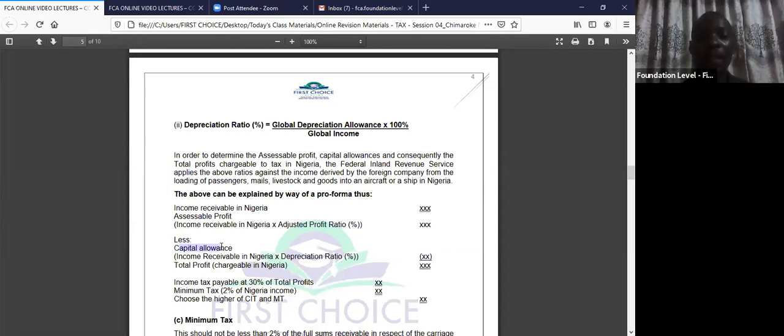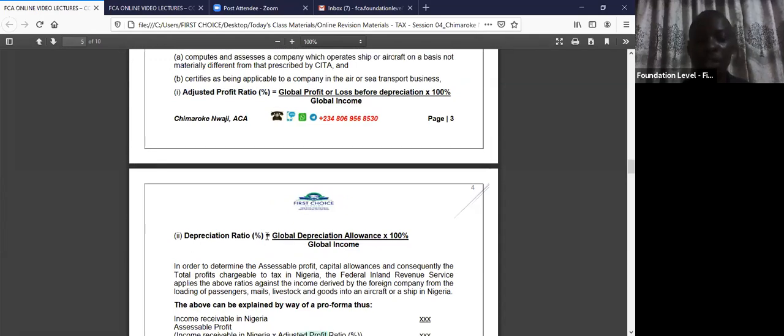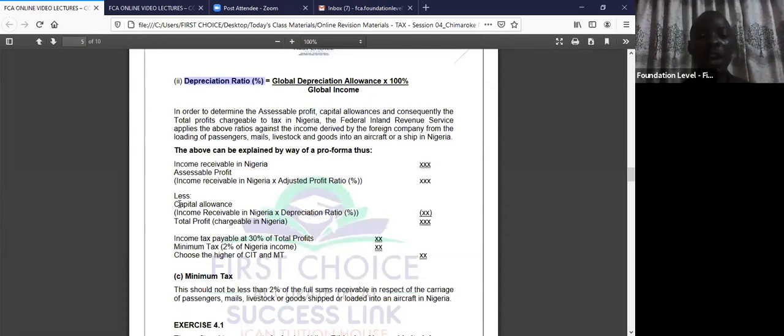The capital allowance will now use this depreciation ratio to calculate the Nigerian capital allowance.